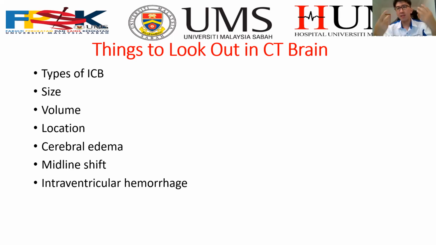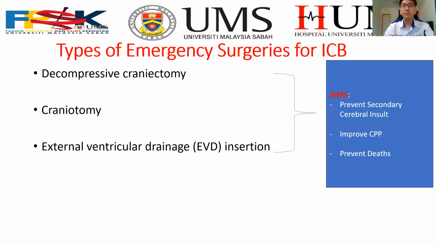Whether the patient can be extubated or needs cerebral resuscitation is very important. As I mentioned earlier, the CT brain will determine what type of surgery and its duration: decompressive craniectomy, craniotomy for extradural hemorrhage, and EVD insertion for intraventricular hemorrhage extension.